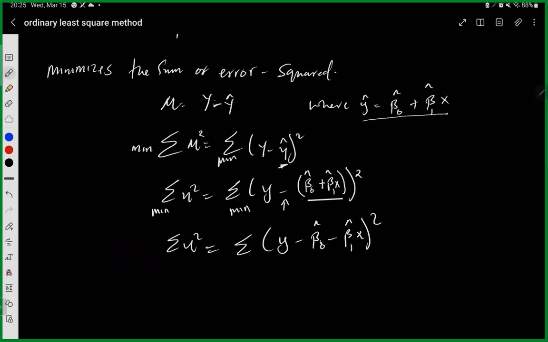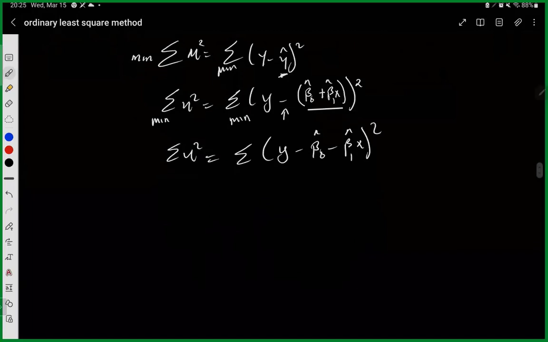Like I was saying, when we are dealing with calculus, in the case of ordinary least squares we are minimizing the sum of error squares relative to the estimators, and equating this to 0.